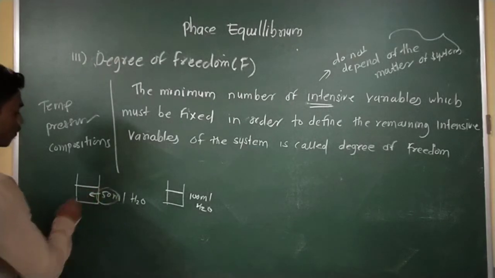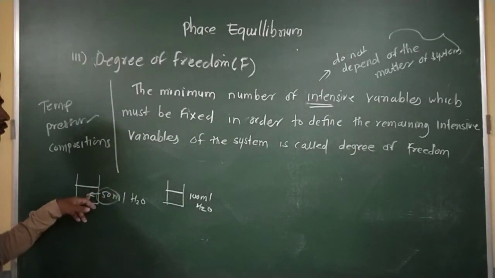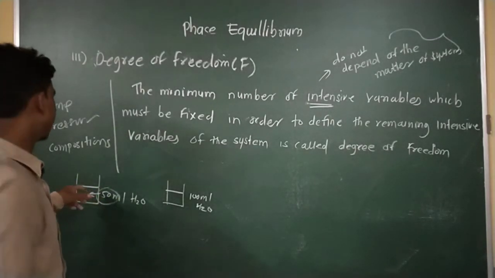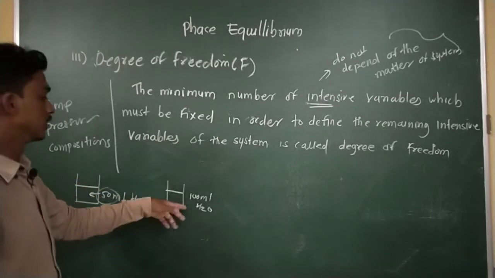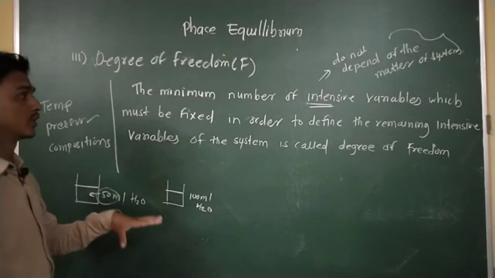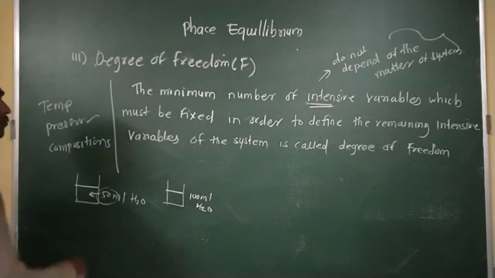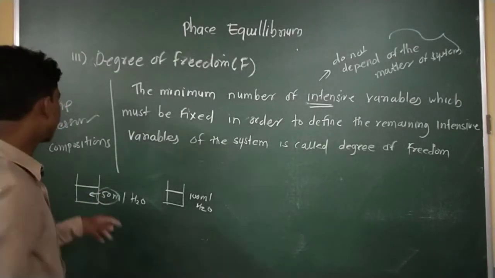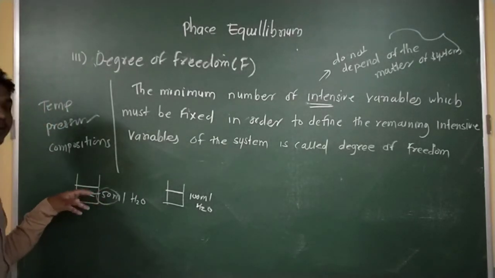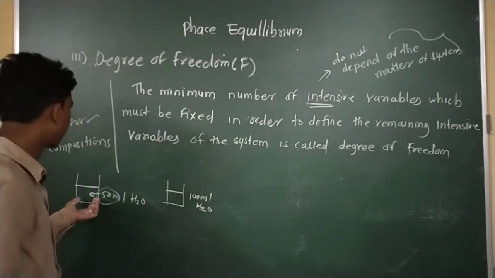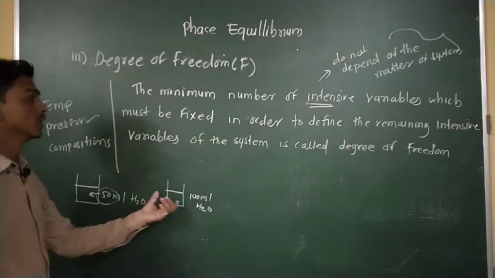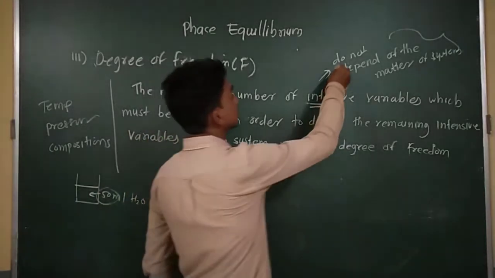That means however much quantity of water is present in the system, this property stays the same. Boiling point is an intensive property. Boiling point does not depend on how much water is present in the beaker. So this is an intensive property.